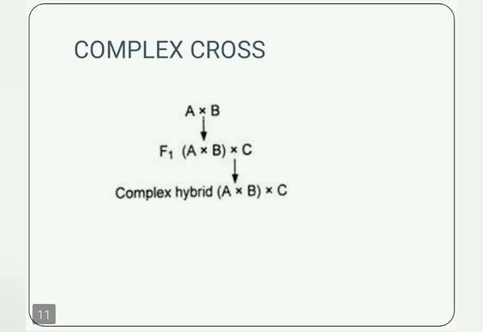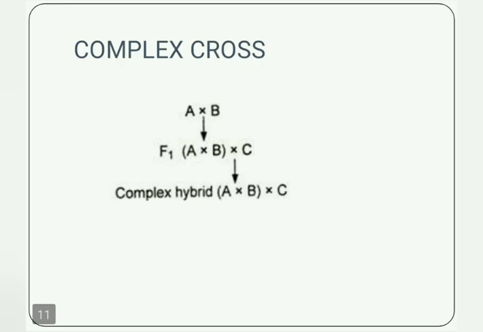In the case of a complex cross, it's also called a convergent cross because more than two parents are involved to produce the hybrid, which is used to produce the F2. For example, A is crossed with B to produce C, and C is crossed with another parent. When more than two parents are involved, we call it a complex cross.